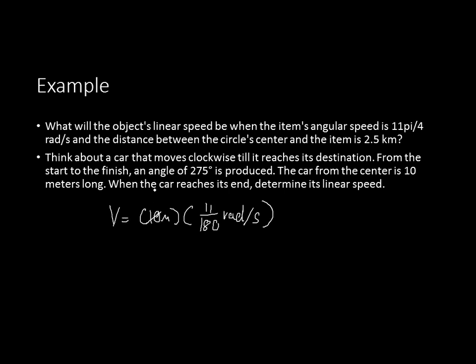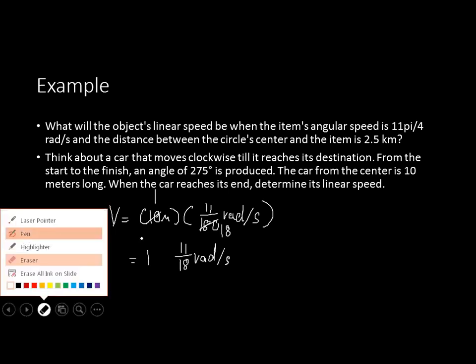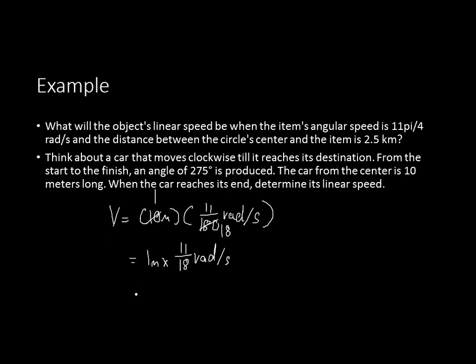So 10 divided by 10 is 1, so we will have 1 meter, and 180 divided by 10 is just 18. So the answer here is 11 all over 18 meters per second.